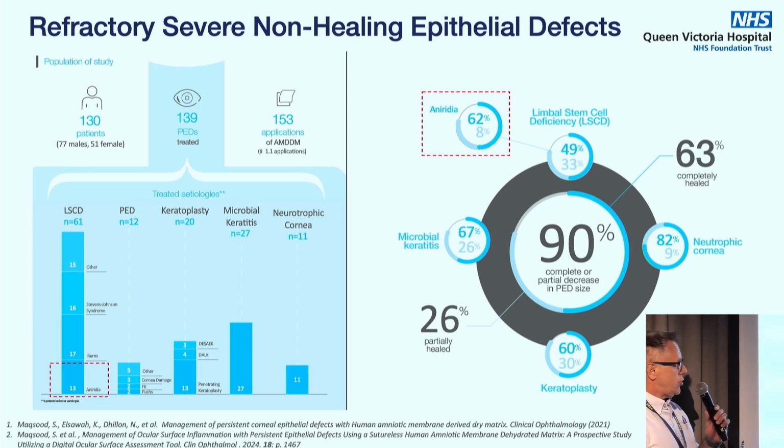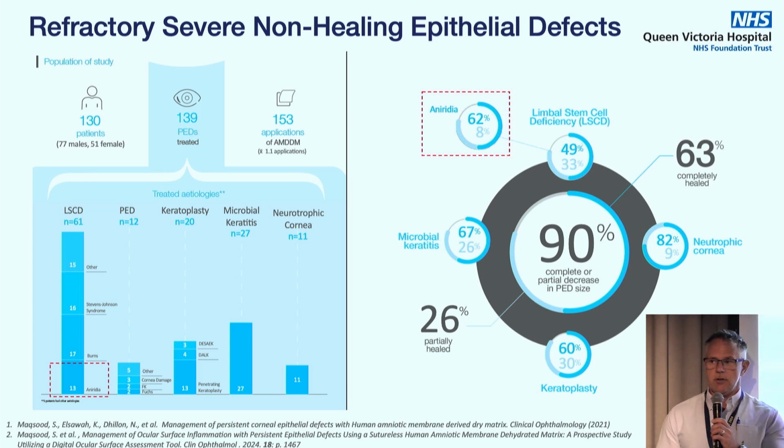What they were able to show over the 2 studies was that 90% of the patients treated, bearing in mind these were really highly refractory, either completely healed, which was 63%, or partially healed, which was another quarter of the patients, and that quarter went on to other procedures. So the outcomes, considering the initial presentation, are quite positive.